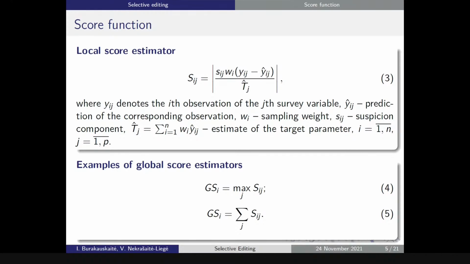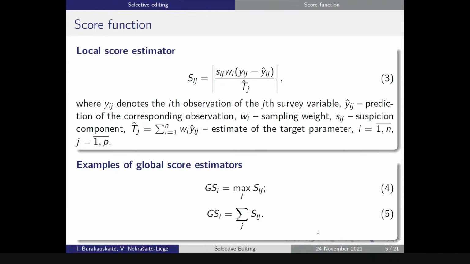Formula 3 here denotes a local score function. Its estimates indicate an influence of some observation of one of the indicators. But when more than one indicator should be considered, it is worth using a global score function instead and calculating one unambiguous score instead of a set of different local scores.